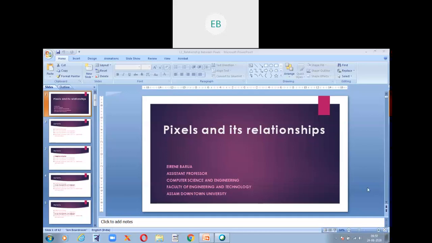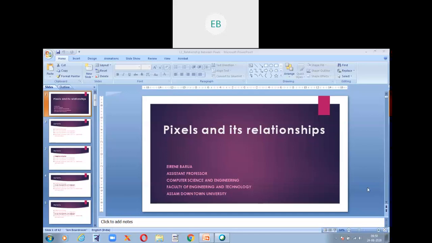So today we'll discuss pixels and their relationships. Previously, I think I discussed only one topic on pixels, that is neighbors of a pixel, right? So today we'll discuss in depth what a pixel is and its relationships.